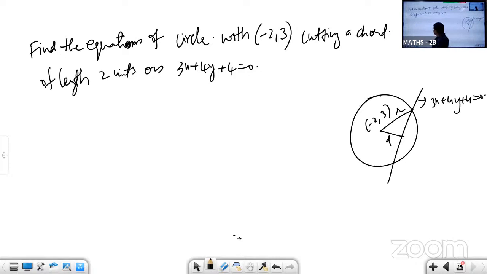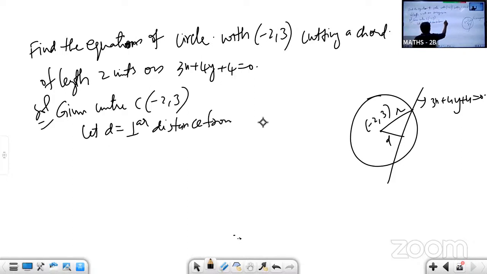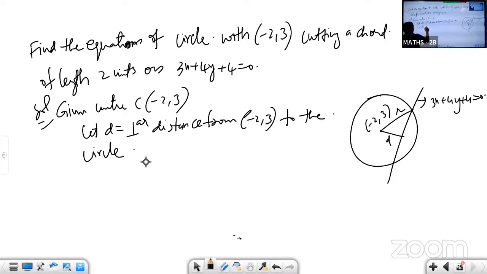Now see here, given center minus 2 comma 3, let D be the perpendicular distance from minus 2 comma 3 to the chord 3x plus 4y plus 4 equal to 0.